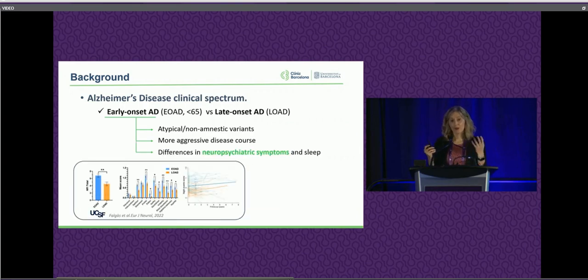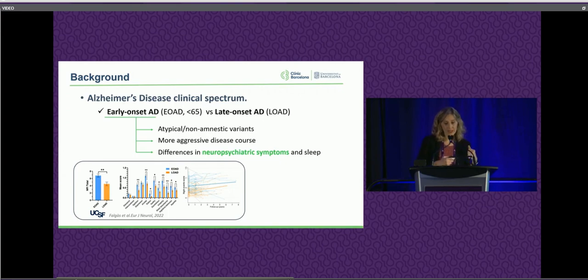But besides the cognitive differences that these two groups may show, several studies that we have performed show that there are also differences in neuropsychiatric symptoms and how they manifest in these two different groups.